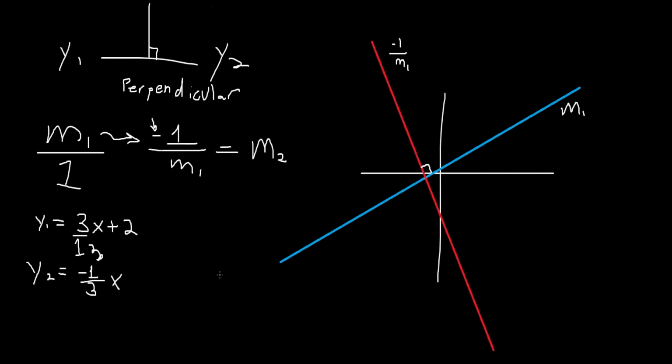Now, the cool thing about perpendicular that parallel doesn't really get is perpendicular doesn't care what you're adding to the equation. They are still perpendicular. So I could slap +2 on here and it wouldn't be a big deal, even though with the parallel one, I would have to add something different.